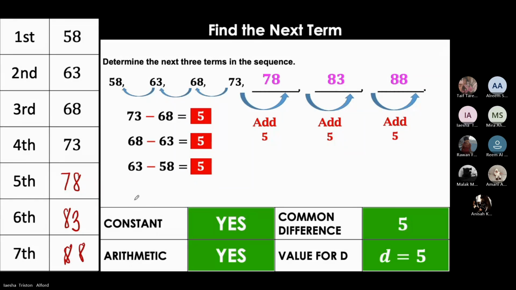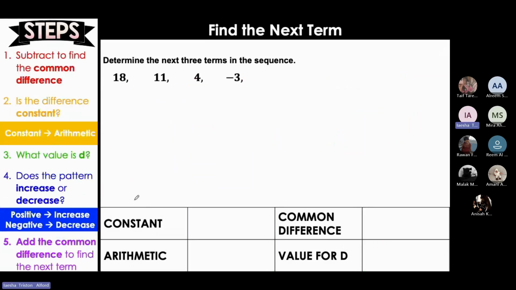One more. This one. Negative 3 subtract 4 equal negative 7.